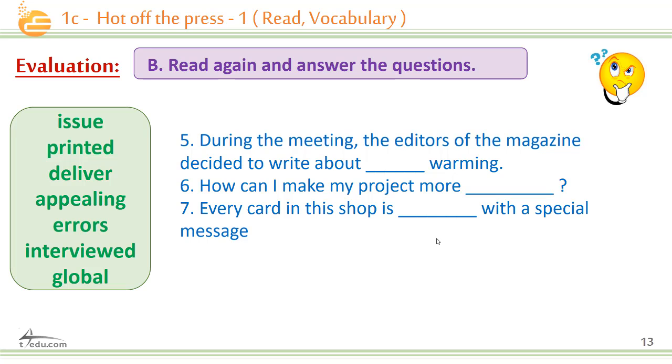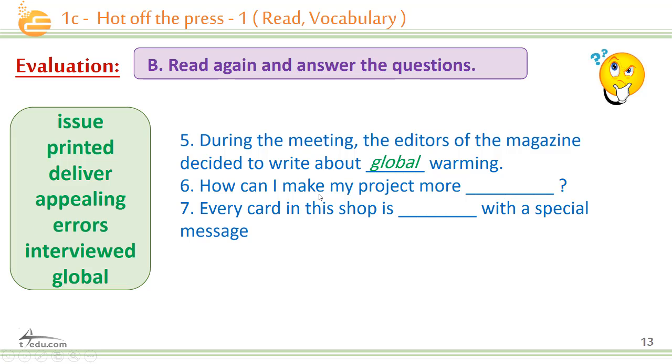Let's look at the second part. During the meeting, the editors of the magazine decided to write about global warming. Very good. We have a problem. It's called global warming. Yes. Okay. It's a global thing. It's an issue which is very, very important now. How can I make my project more nice, more attractive?